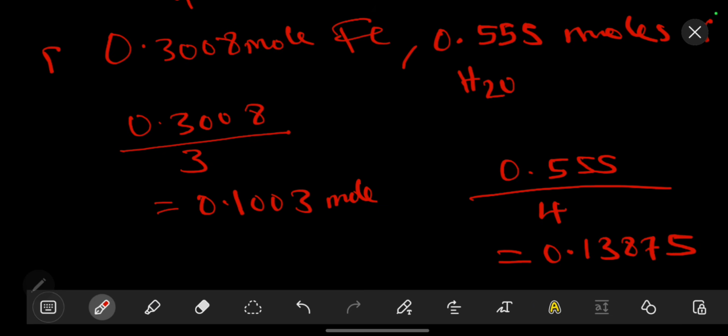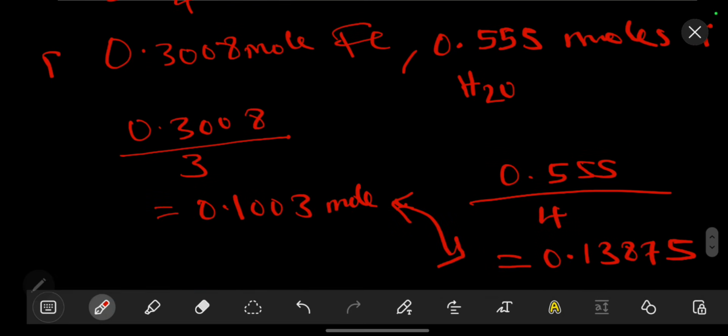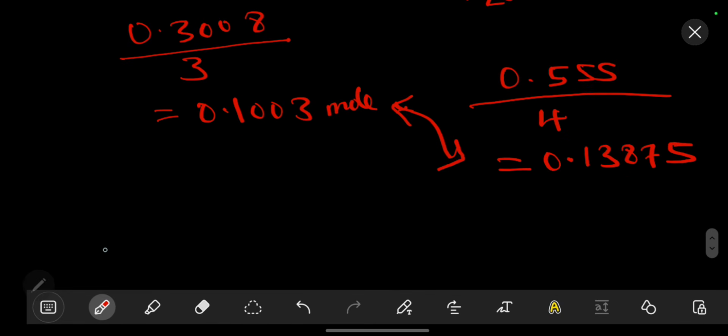So just by doing this, you can determine which one is the limiting reagent: whichever is smaller after dividing by their coefficients is the limiting reagent. In this same way, we can say that iron is the limiting reagent.